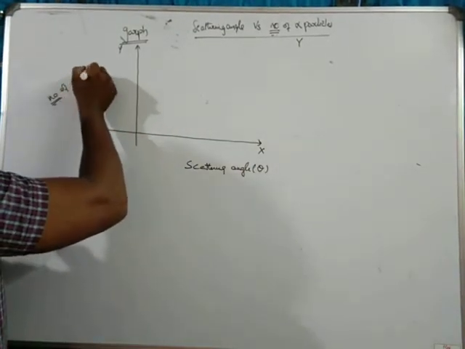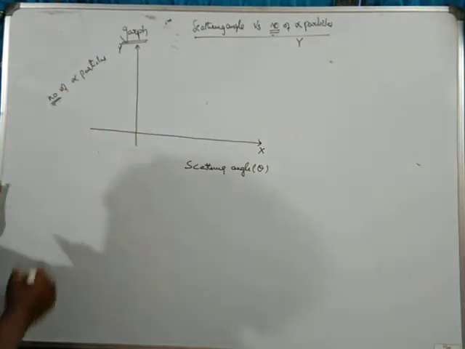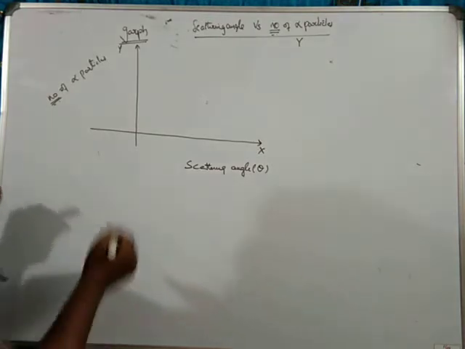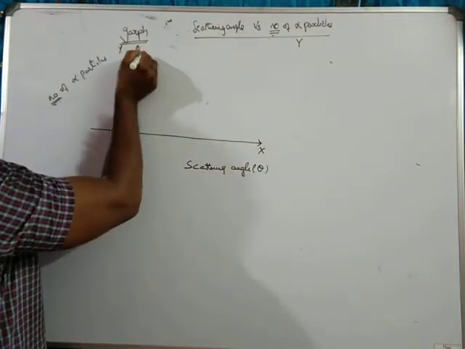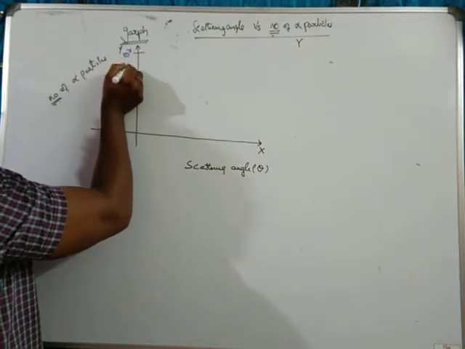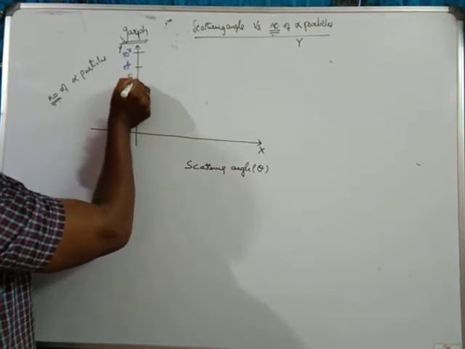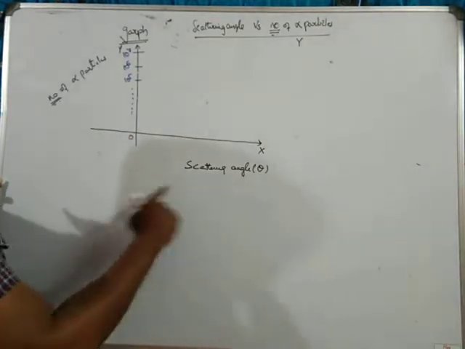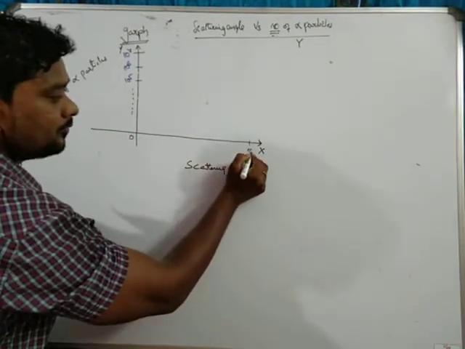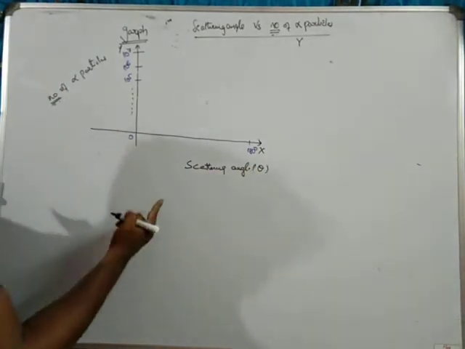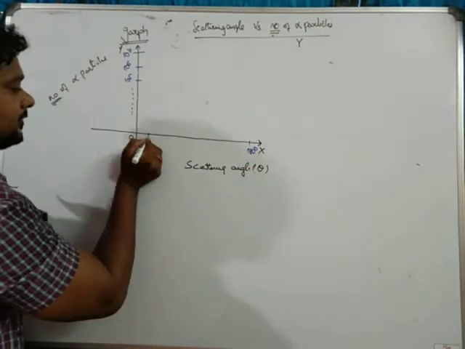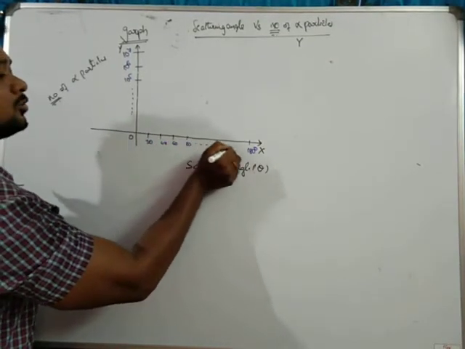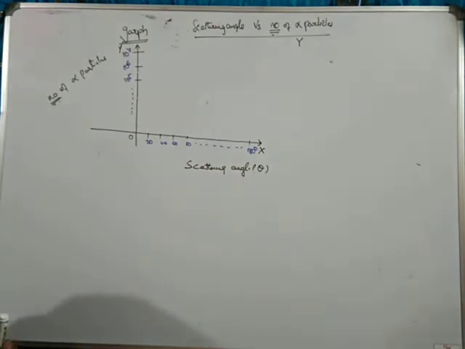Here we define the alpha particles starting from some millions, so the values we consider are 10 to the power of 7, 10 to the power of 6, 10 to the power of 5, and so on up to 0. Similarly for scattering angle, we will define up to 180 degrees, so 90 degrees and 180 degrees. The values will be 20, 40, 60, 80, and so on, so we get 180 degrees.